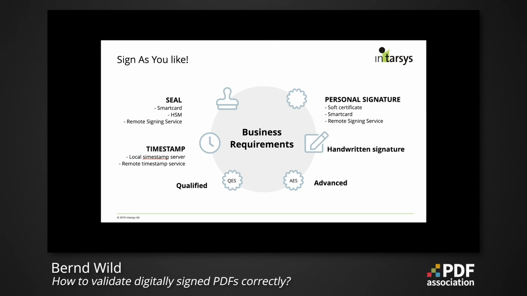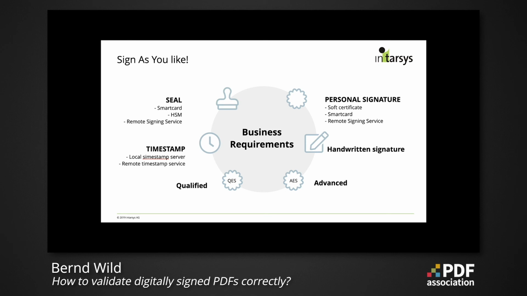Sign as you like. As we said, you can choose among these offers what you want to implement. You can use, as I said, timestamping in a local or remote manner. You can have the personal signature based on software certificates, on smart cards, or even on the remote signing service. The same applies to seals.